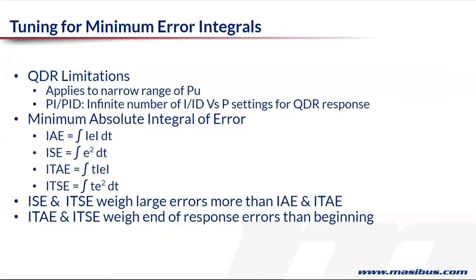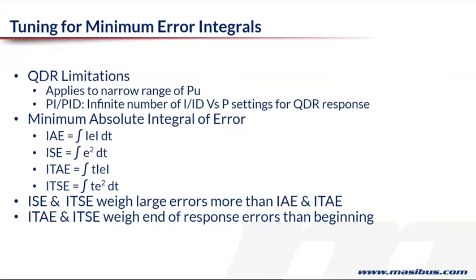So there are some other methods which I'll call minimum absolute integral methods. And in that, again, there are 4 methods. The first one is what we call integral absolute error. The formula is derived based on integrating the absolute error of the process.